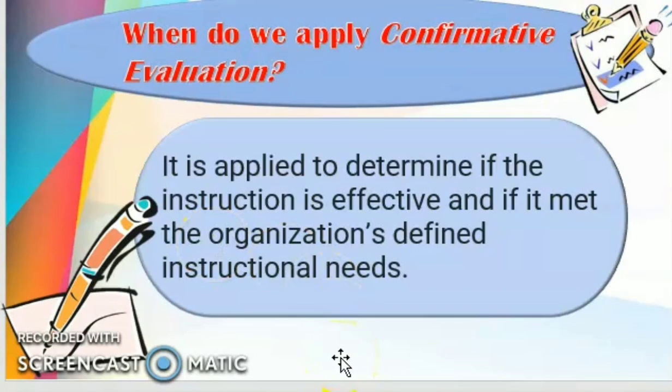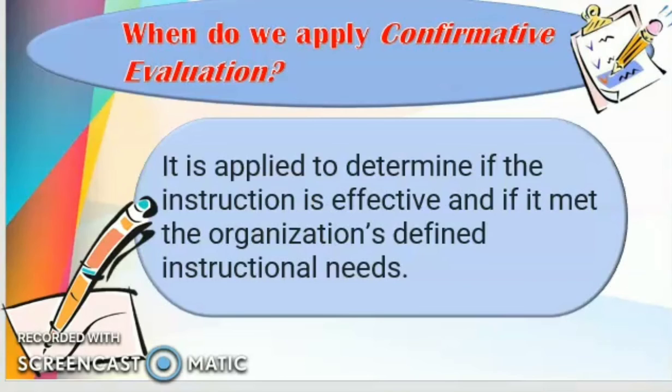So when do we apply confirmative evaluation? The purpose of confirmative evaluation is to determine if the instruction is effective and if it met the organization's defined instructional needs. In effect, did it solve the problem? The customer ate the food and enjoyed it, but did it come back?